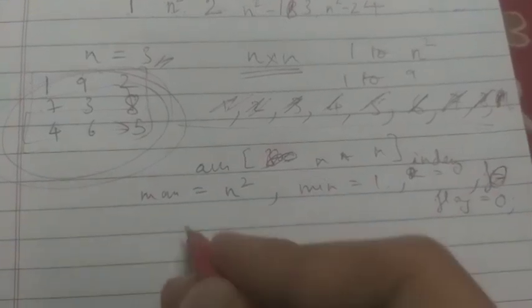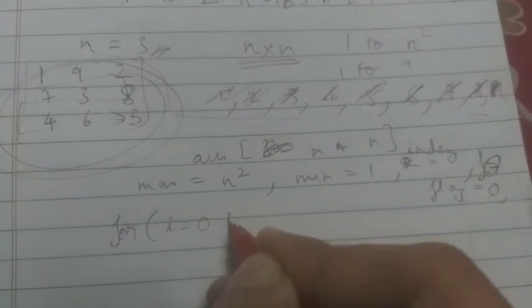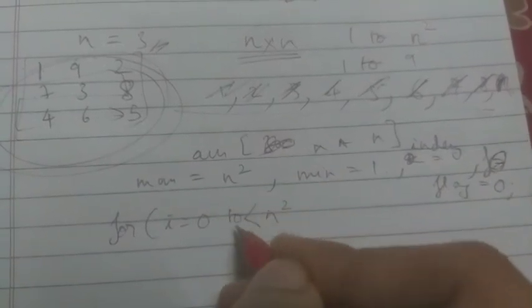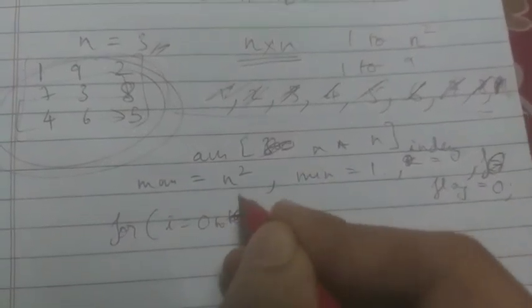This is a very complex code. If you know the logic, you will get it, but still I am just explaining the gist of the code. Okay, for i from 0 while i is lesser than n squared, i plus plus.